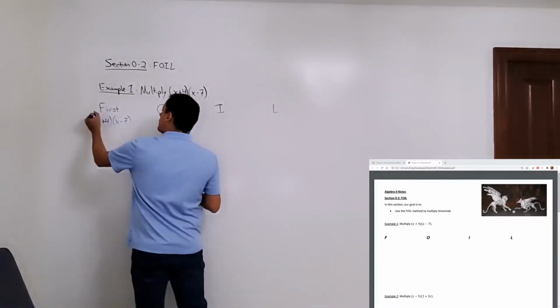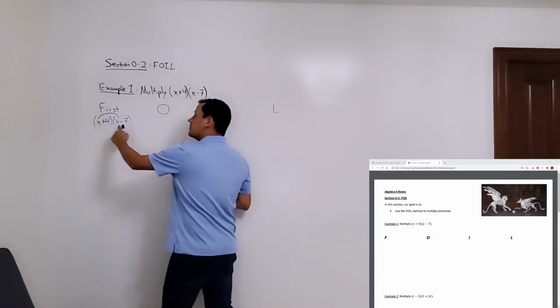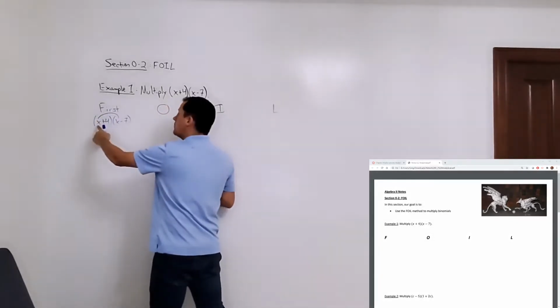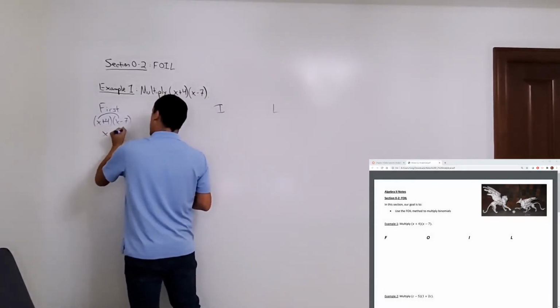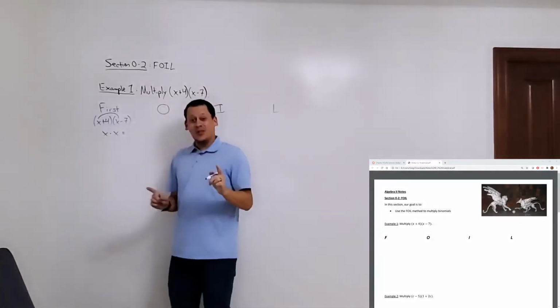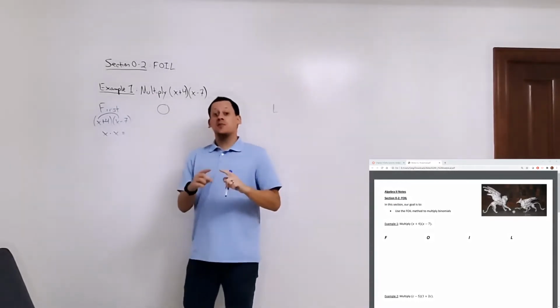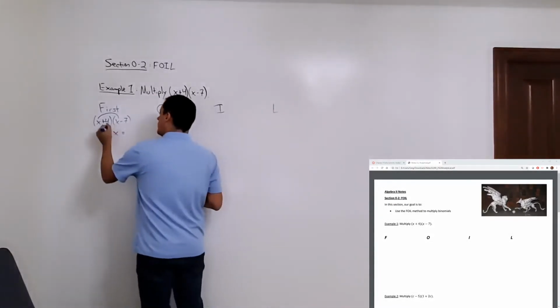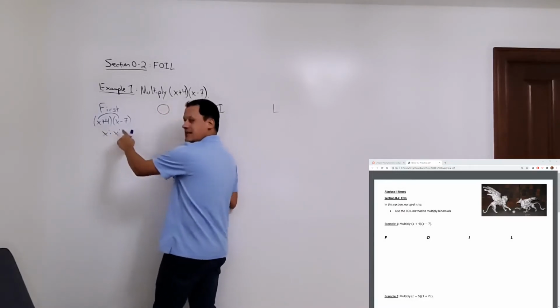So the first term is x, and the first term here is also x. And we're going to multiply x times x. And that gives us, it's not 2x, that's x plus x. When you multiply x times itself, you can think of these as being x to the first power, each of those.